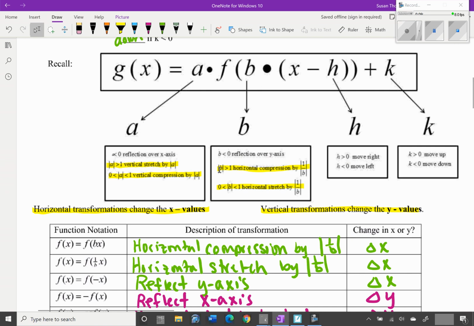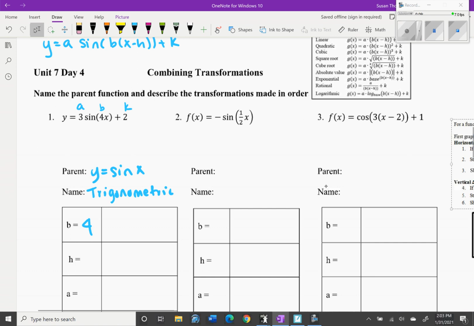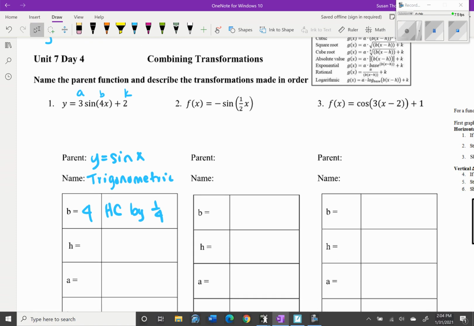The absolute value of b is bigger than 1, which tells us it's going to be a horizontal compression by 1 over b. So in this case, this is a horizontal compression, that's what HC stands for, by 1/4. Then my h, if it's not written, well, you're adding or subtracting a number that doesn't change the equation. In this case, that would be 0. So h is 0, which means there is none in this case.